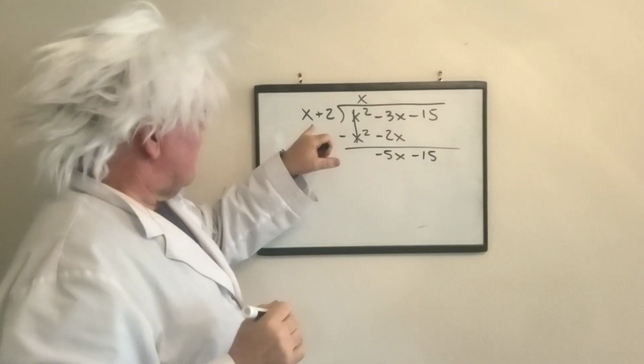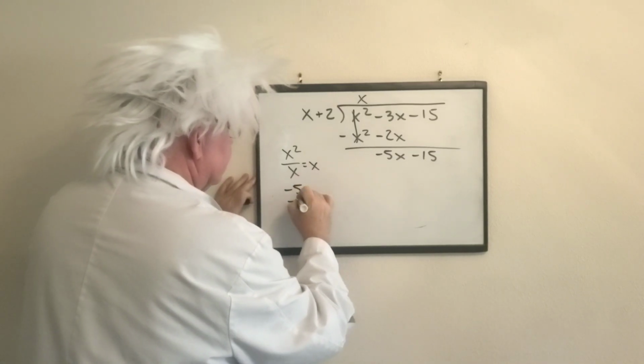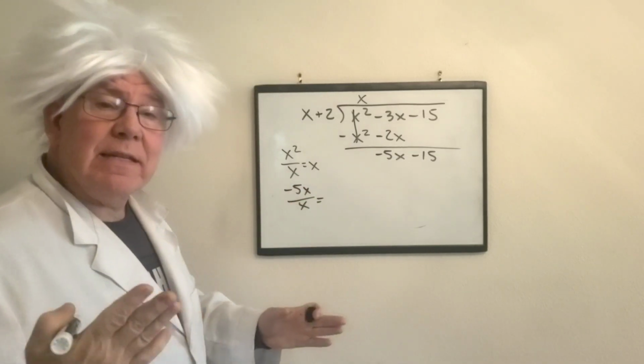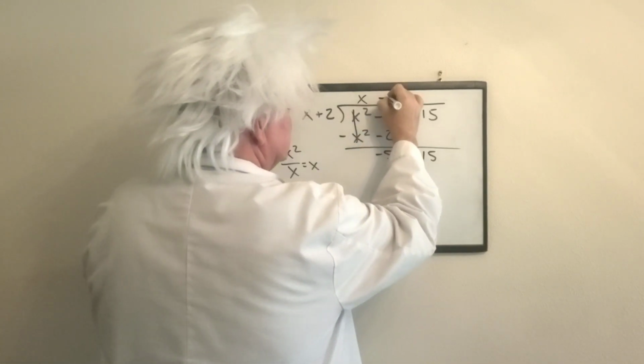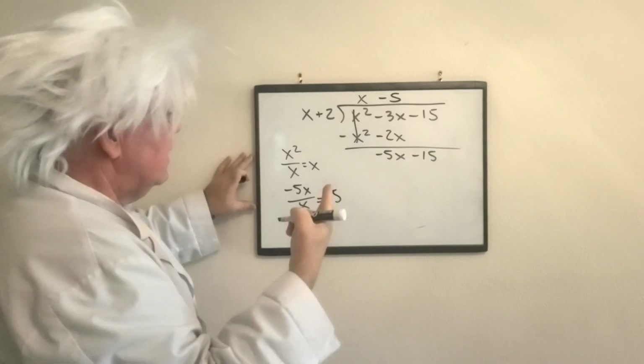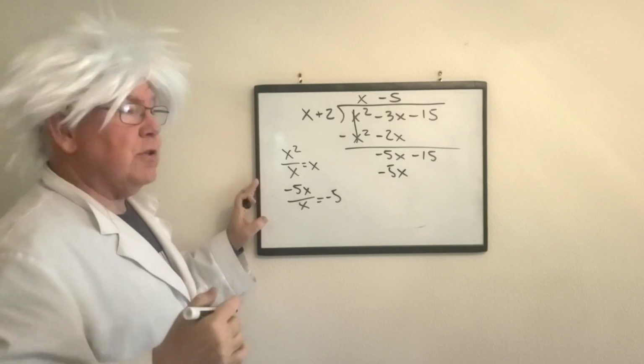Now, you ask, how many times does x go into negative 5x? And those of y'all that know how to simplify a rational, negative 5x over x is negative 5. So that's minus 5. So watch carefully. Negative 5 times x is negative 5x. We do put the sign, and I'll show you why we can do that.